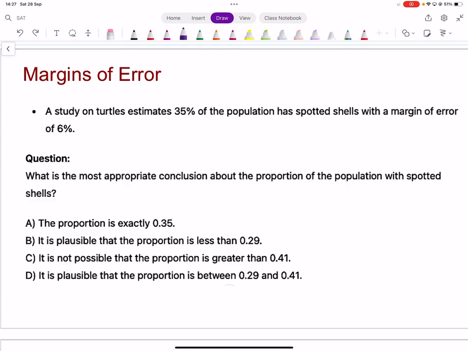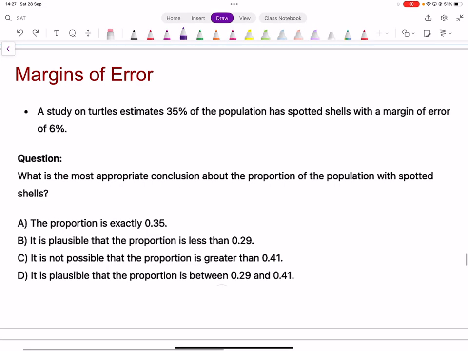Let's look at this example. A study on turtles estimates 35% of the population has spotted shells with a margin of error of 6%. What's the most appropriate conclusion about the proportion of the population with spotted shells? What do you think?